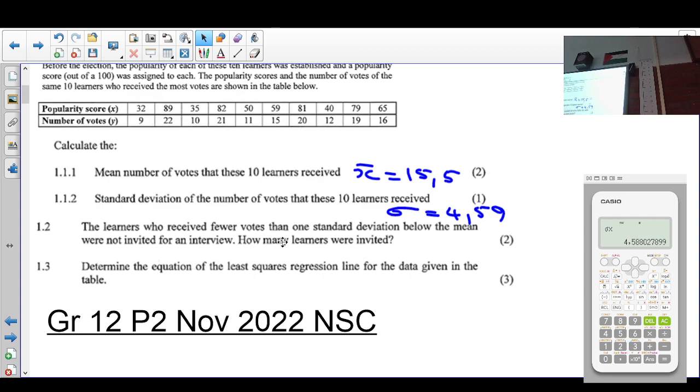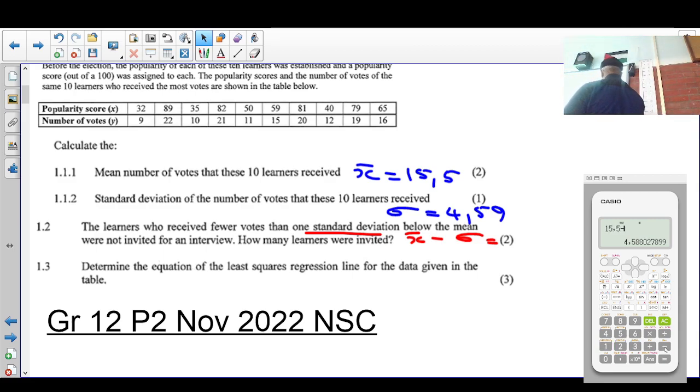If you're looking at less than one standard deviation below the mean, we know what the mean is minus the standard deviation. So 15.5 minus 4.59 gives us 10.91.